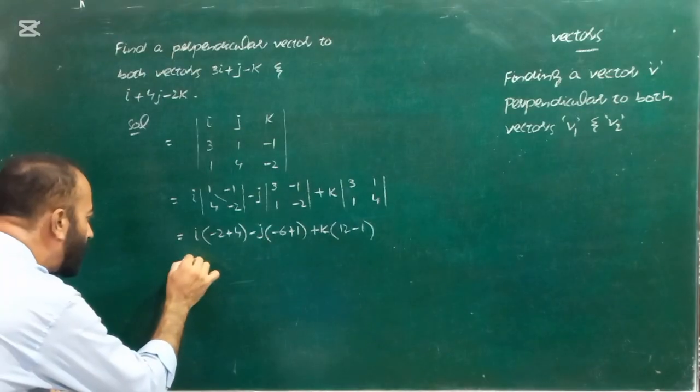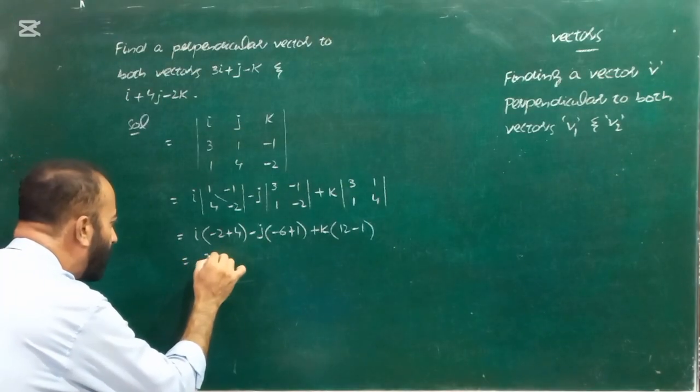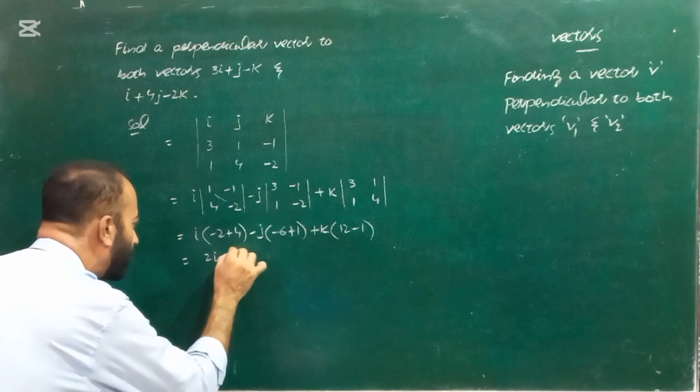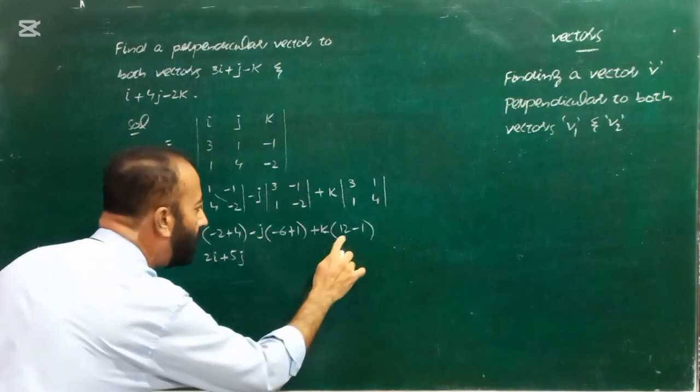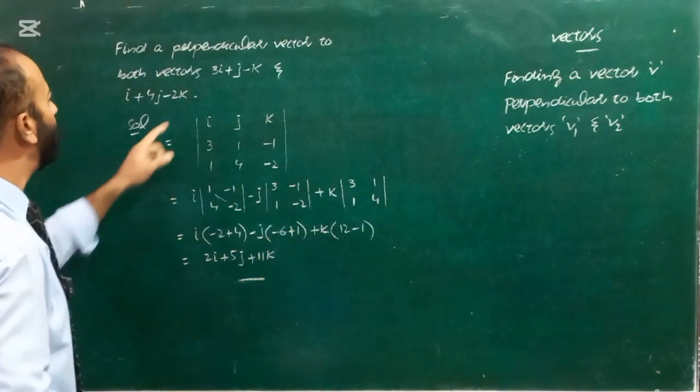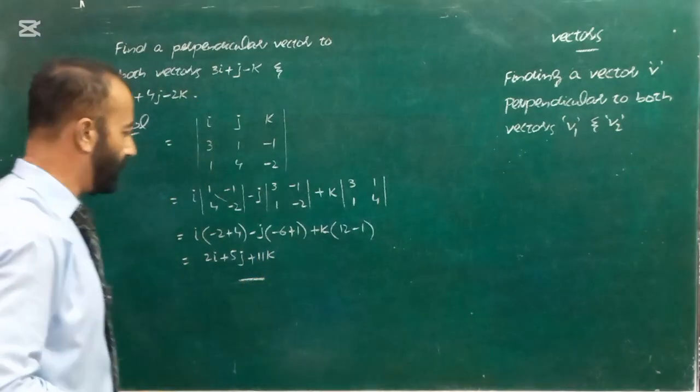Now the last step: this will make 2i, plus 5j, and this will be 11k. So this is the vector which is perpendicular to both of these two vectors.